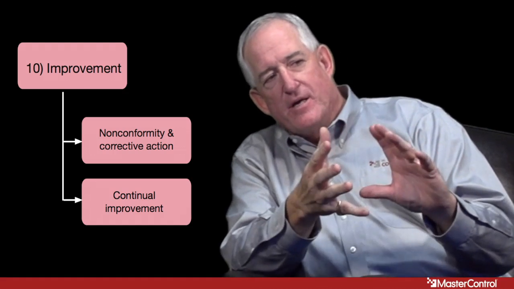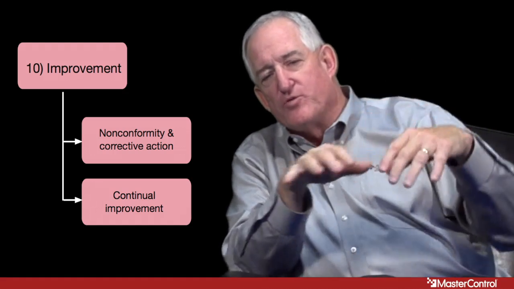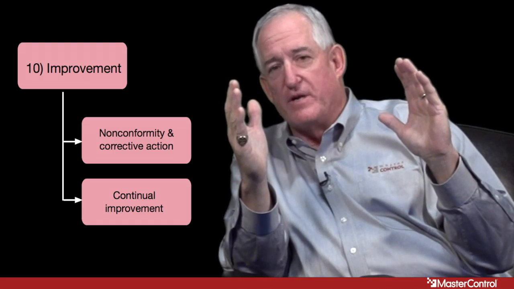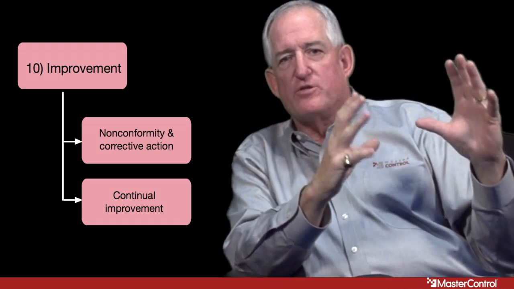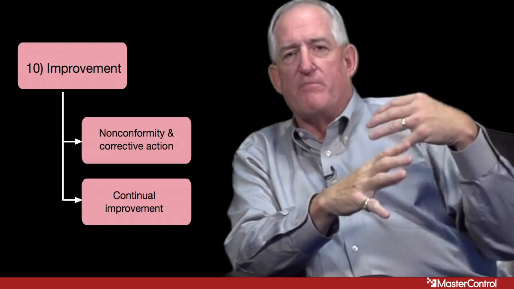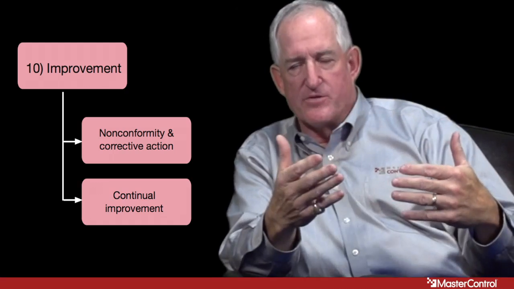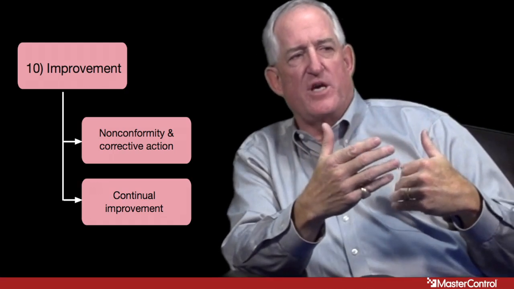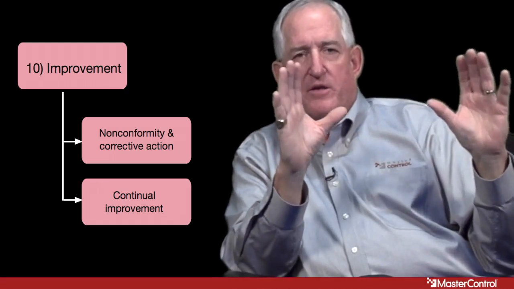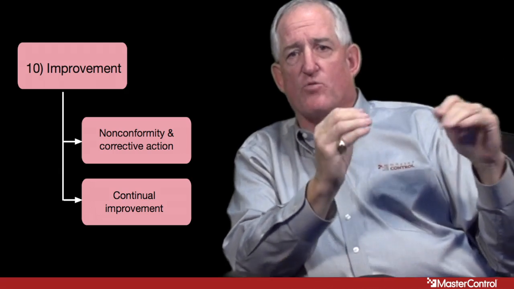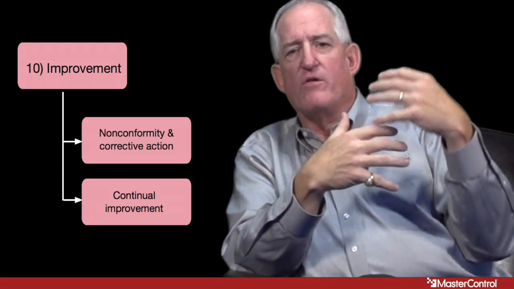And I might add that while it says improvement, what's really in parentheses behind there also is innovation. So as you look to improve the organization, making risk-based decisions, actions and plans should have some innovative intent in them as you try to do things like correct nonconformities or take corrective actions, all of that being improvement oriented.